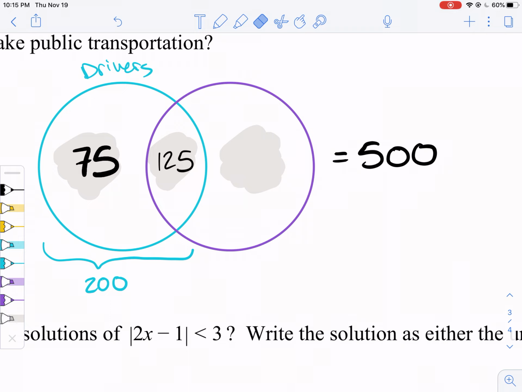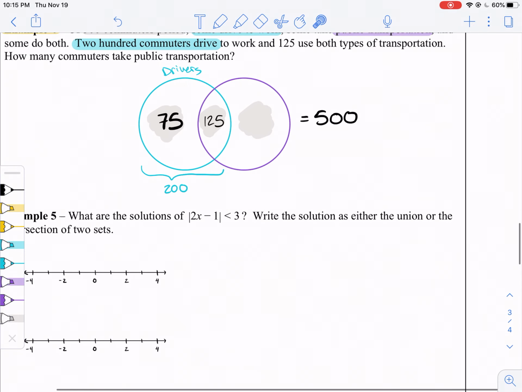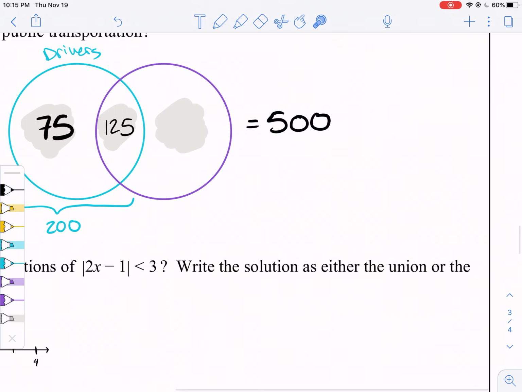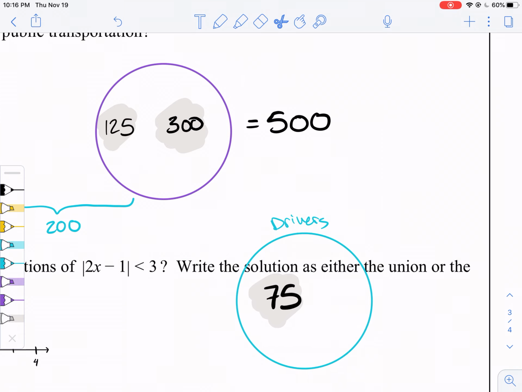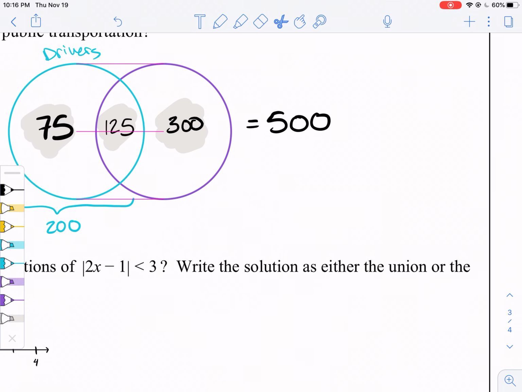Using this same logic, we can figure out how many people take public transportation only. Right? We know that they all add up to 500, so there's going to be 300 people in here, because if we were to take away all the drivers, all 200 of them, there would only be 300, so that includes this guy.